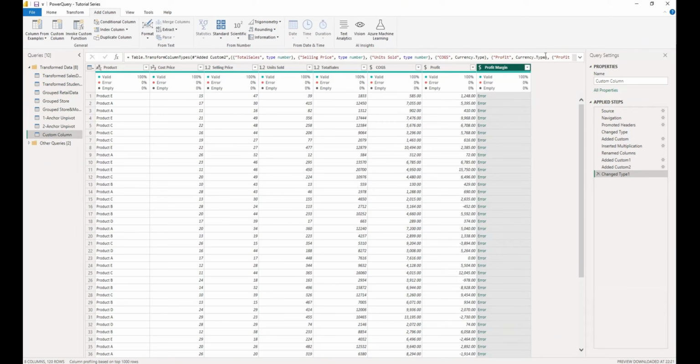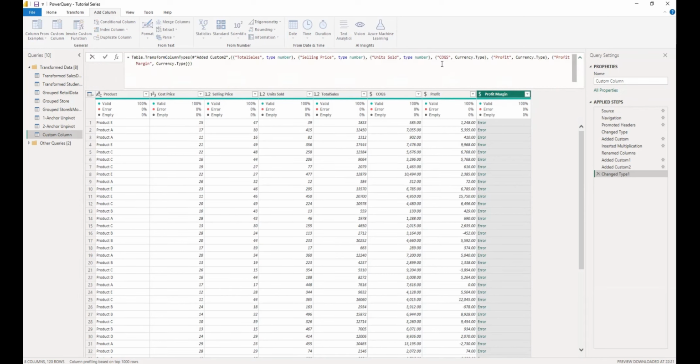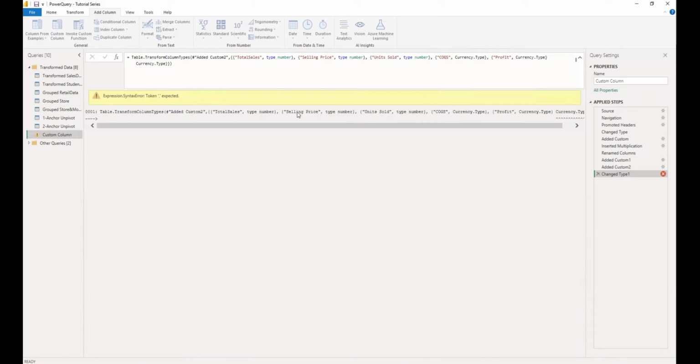Remember what I taught you guys. All I need is to delete that of the profit margin, and then remove the comma, because the last one is not supposed to have a comma. That's simple coding. Oh God, what have I done?